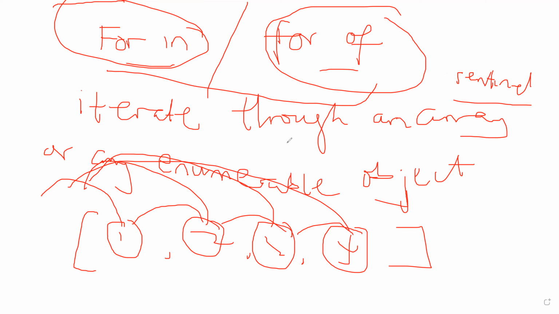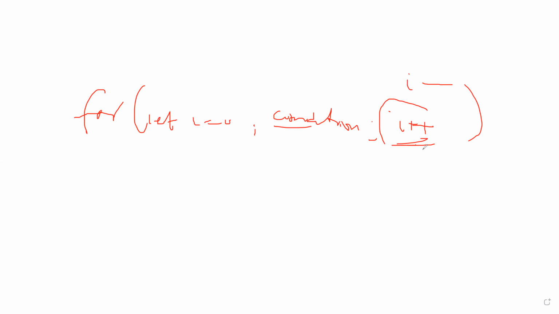For example, in the for loop, we do let I be 0, then we check the condition, then we do I plus plus or I minus minus, as the case may be. This is the increment. This I is at times called a sentinel. But in the for in slash for of, you don't need to worry about this.